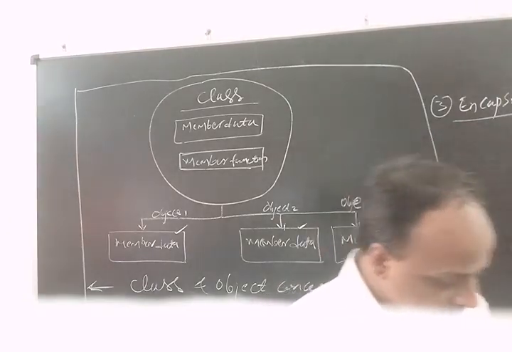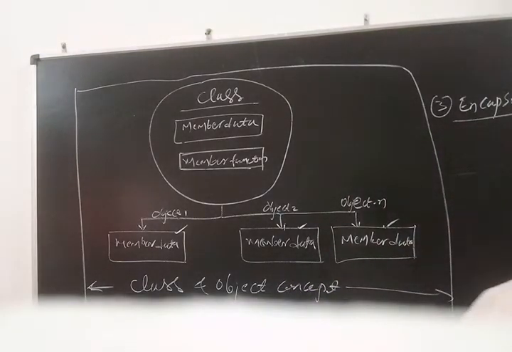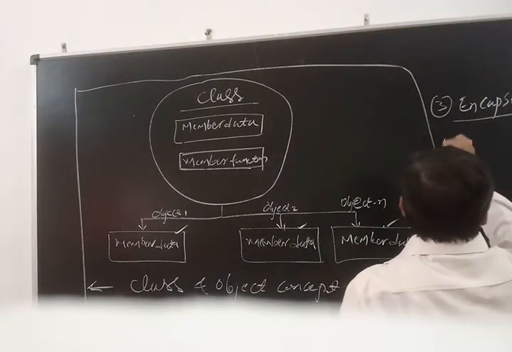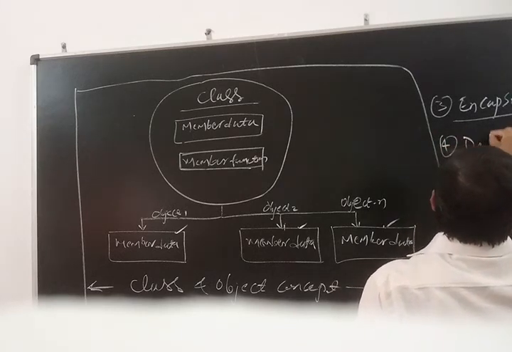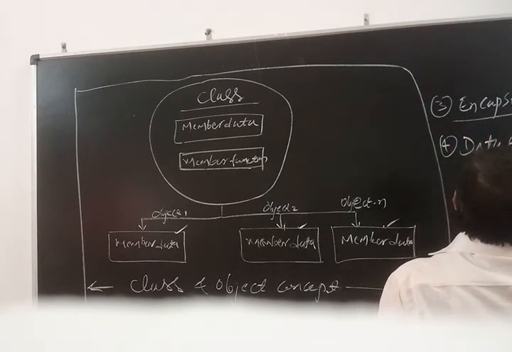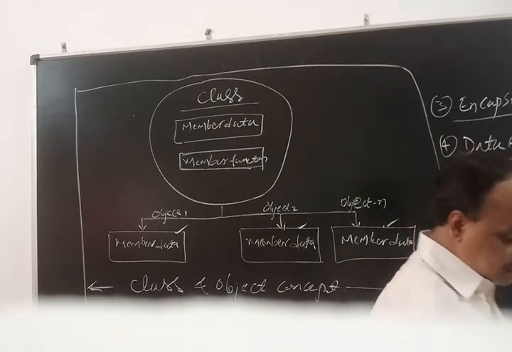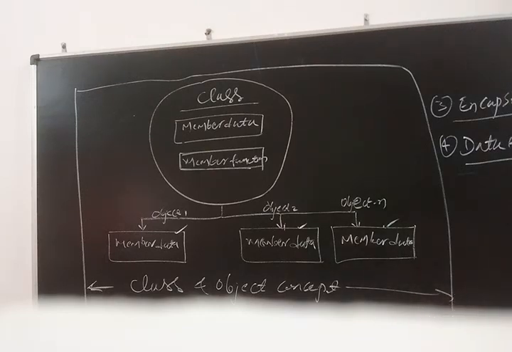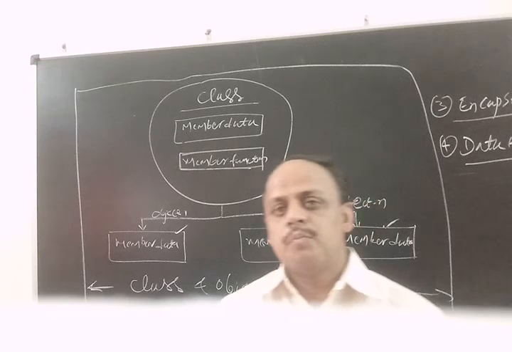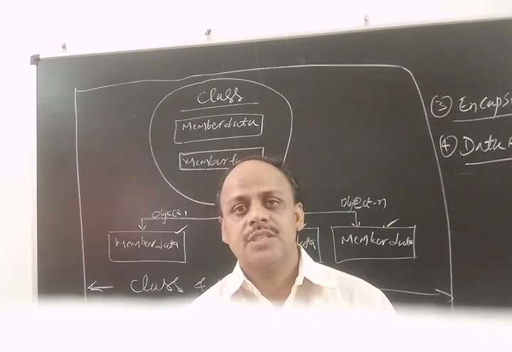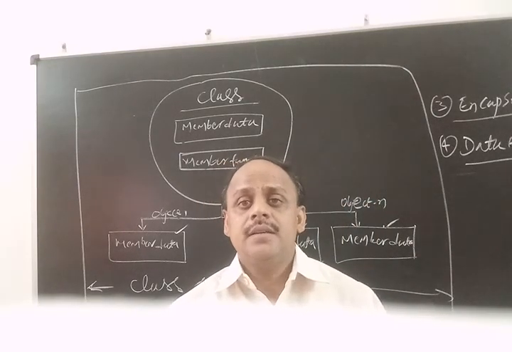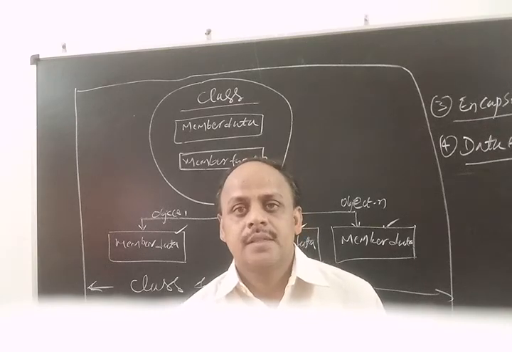And the next one is data abstraction. Fourth point is data abstraction. It is a mechanism of providing essential things by hiding the background details.